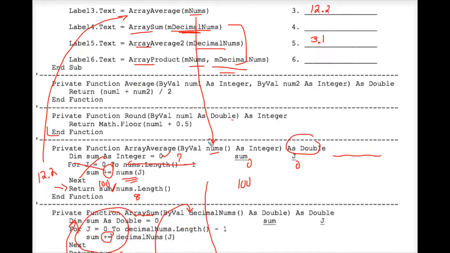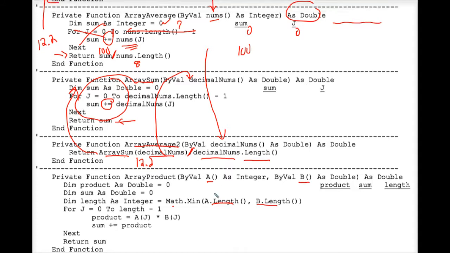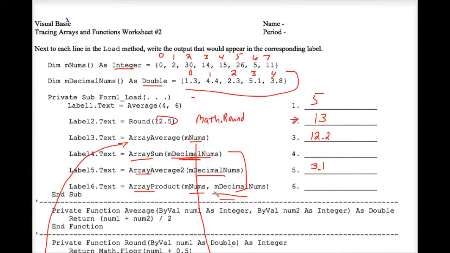This last exercise that you have to do, product, is what you get when you multiply 2 numbers together. So it's taking 2 arrays, which instead of naming them mnums or something, I'm naming the arrays A and B. It's figuring out what the smallest length is of these 2 arrays using the built-in math.min method or function.